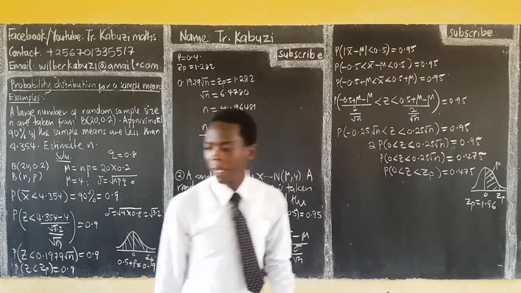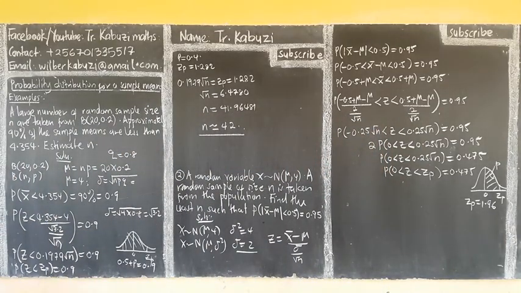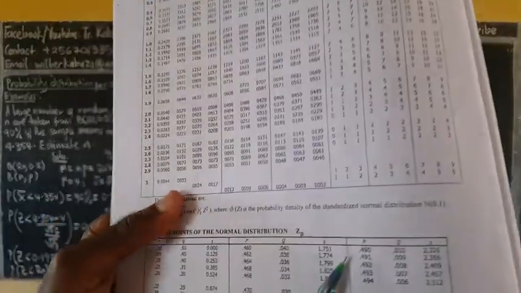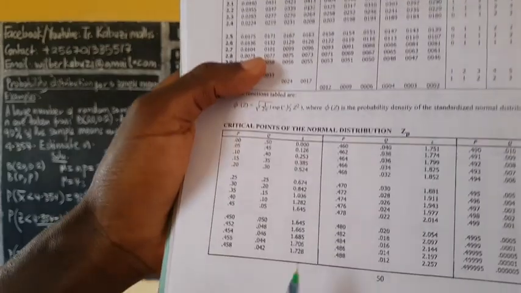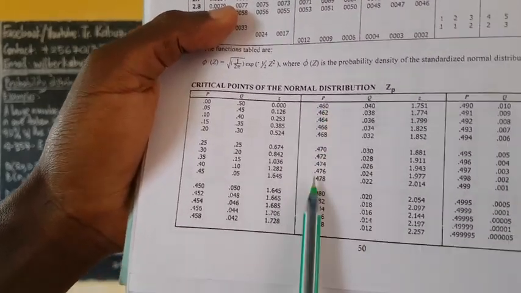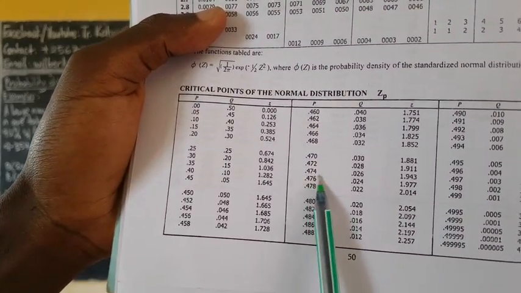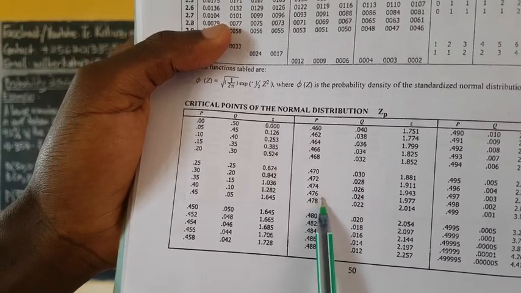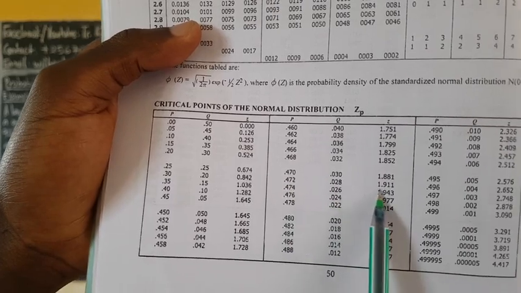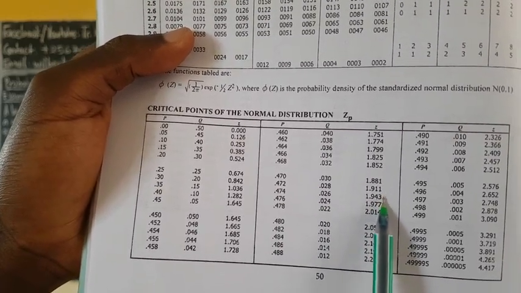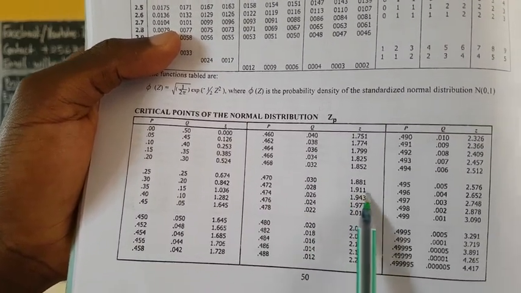The other way is to use the critical table. Let me show you this better. In some cases, the P we need is 0.475. When you come to our P here, this is 0.74 and this is 0.75, meaning it is in between. What you do is get the Z of this one, add the Z of the other one, then divide by 2.